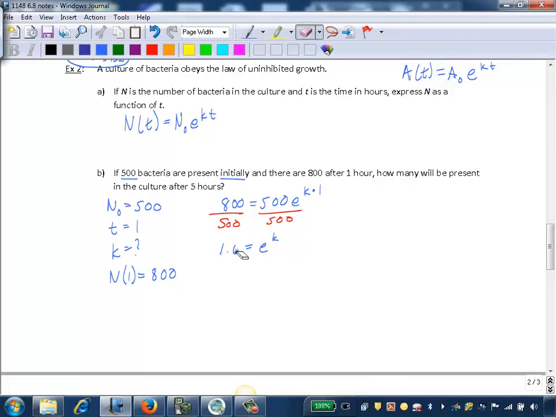Now, we can use logarithms to rewrite this without that variable in the exponent. So we'll rewrite it using the definition of a logarithm. So natural log of 1.6 will equal k. So we can now substitute this natural log 1.6 into our function for our k.